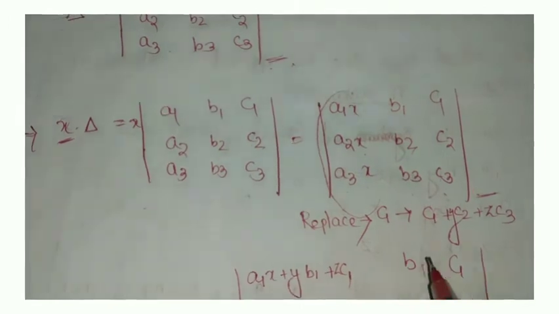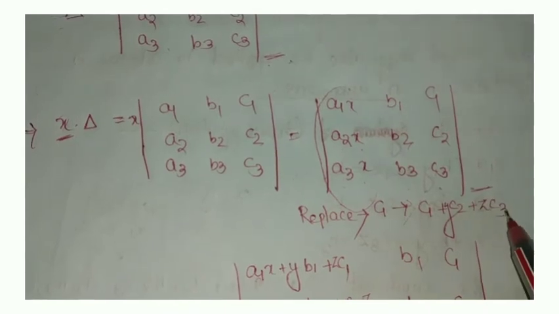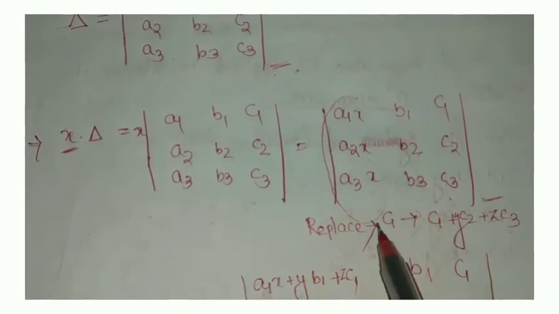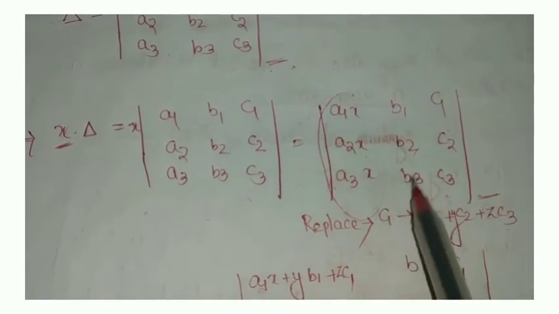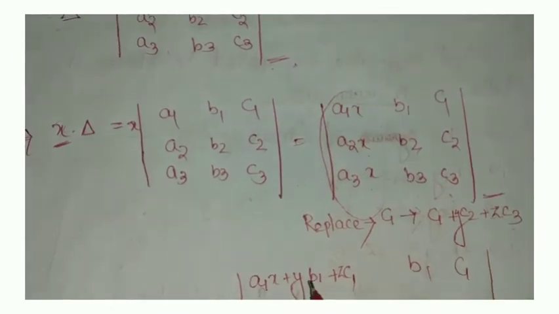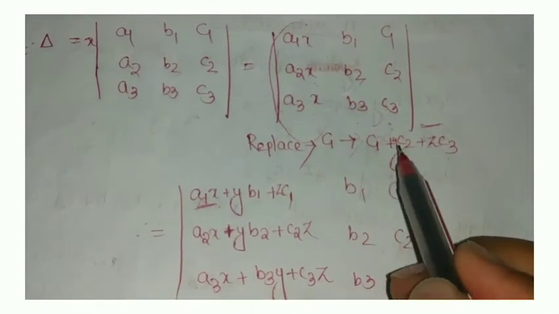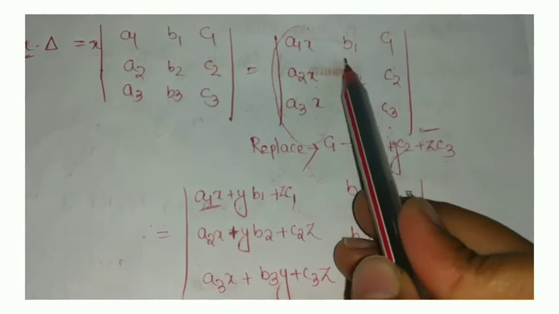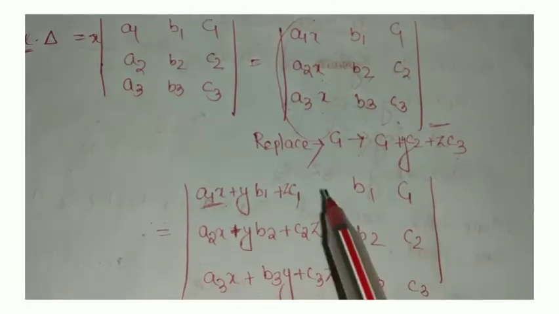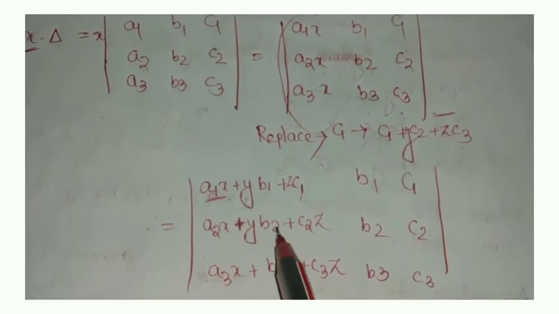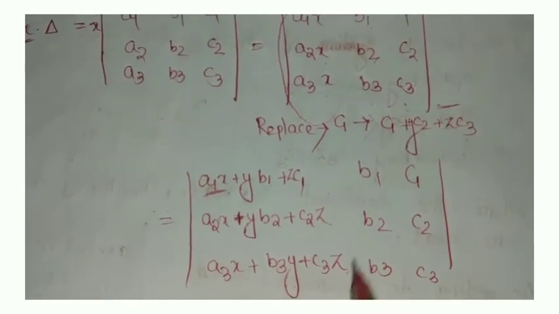Then we replace column 1 by column 1 plus y times column 2 plus z times column 3, giving a1x plus b1y plus c1z, a2x plus b2y plus c2z, and a3x plus b3y plus c3z.